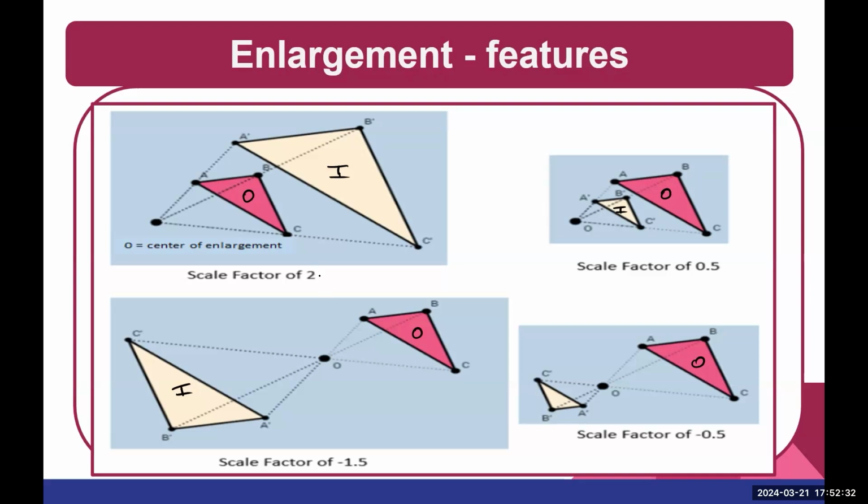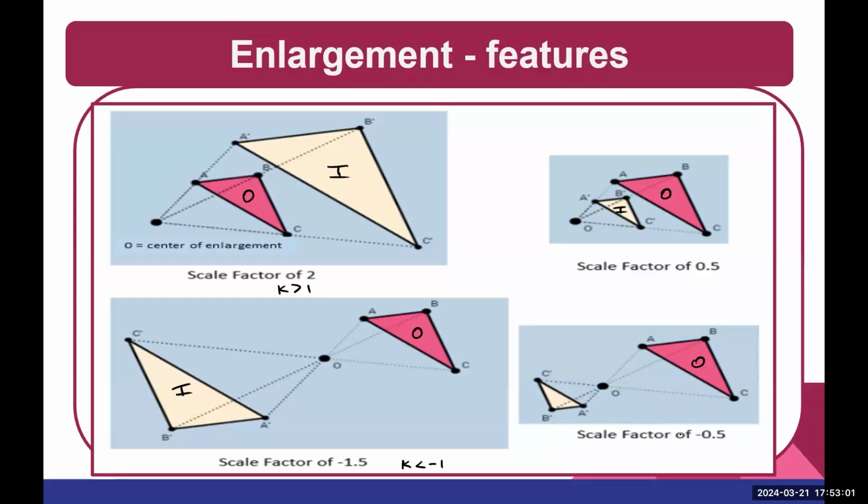Just as here, let's say the scale factor is k, and if k is greater than 1, then the image is greater than the object. Down here, the scale factor k is less than -1, so that means the image would be bigger than the object.